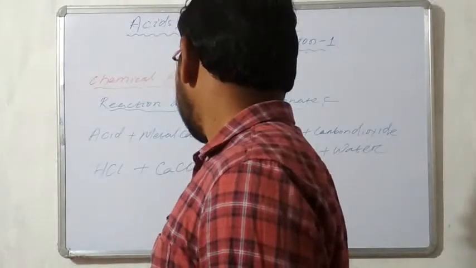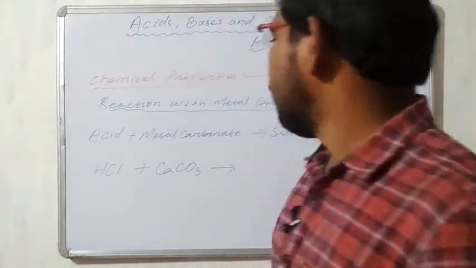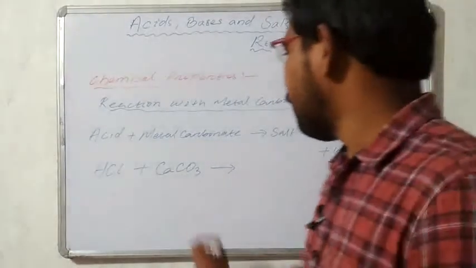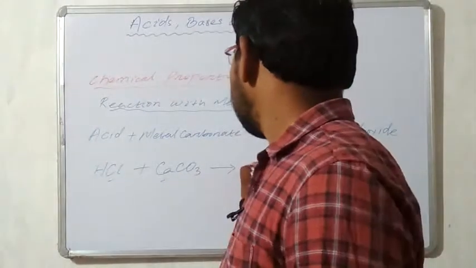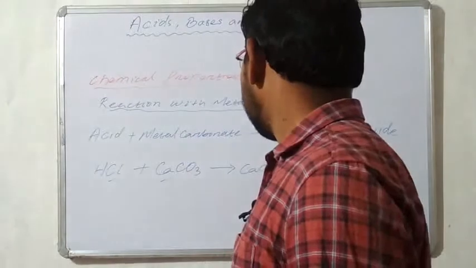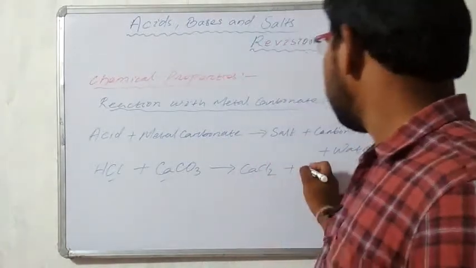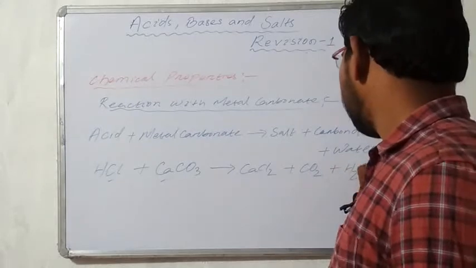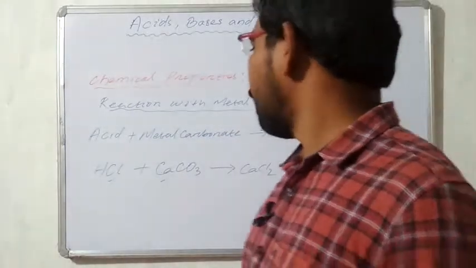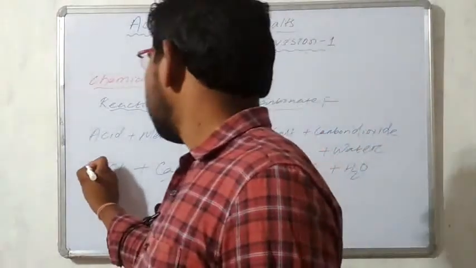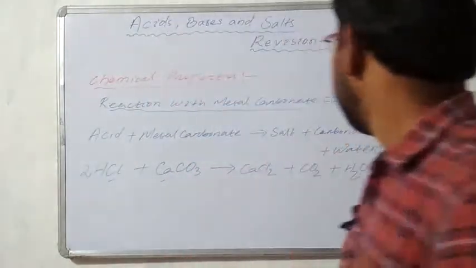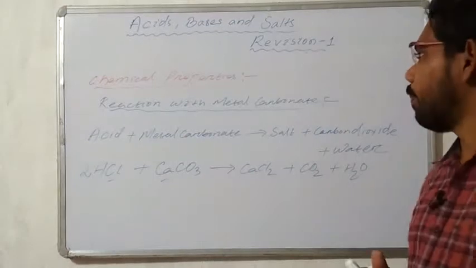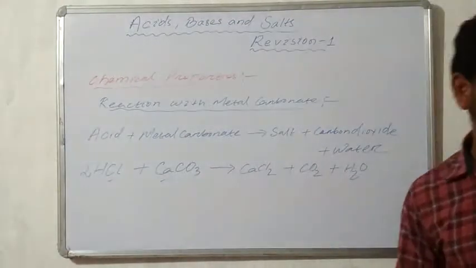Then one salt is formed, calcium chloride, CaCl2, plus carbon dioxide, CO2, is released and water, H2O, is formed. To balance, we multiply HCl by 2. So this is the reaction of metal carbonate with acids.